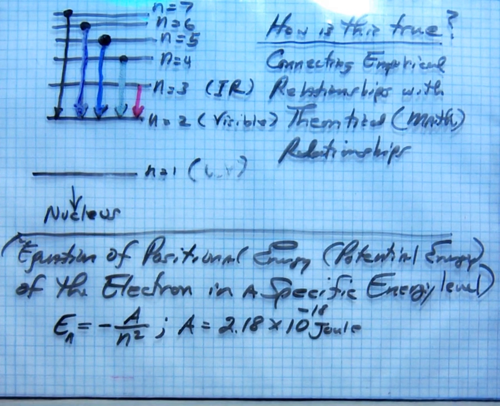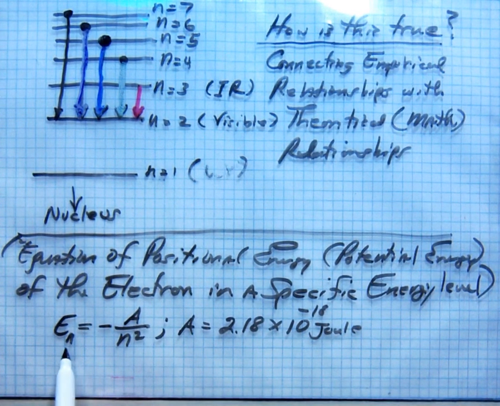I can show you today, it's really simple. Okay, let's talk n equals 3 to 2 transitions. What is the energy content of the electron when it's in number 3?